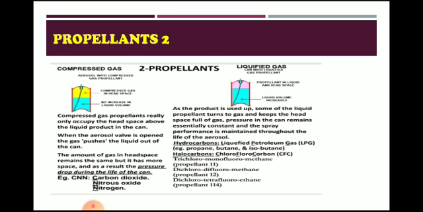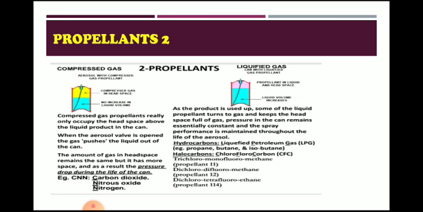The amount of gas in the head space remains the same, but it has more space as a result of the pressure drop during the life of the can. Examples are carbon dioxide, nitrous oxide and nitrogen.